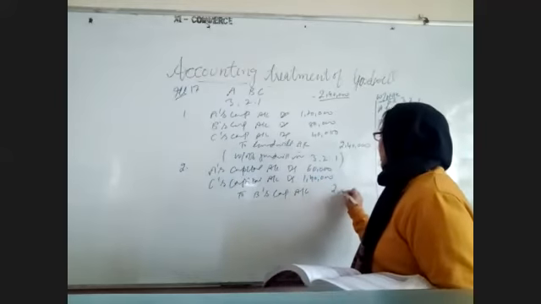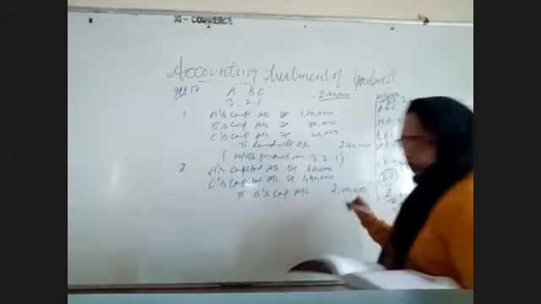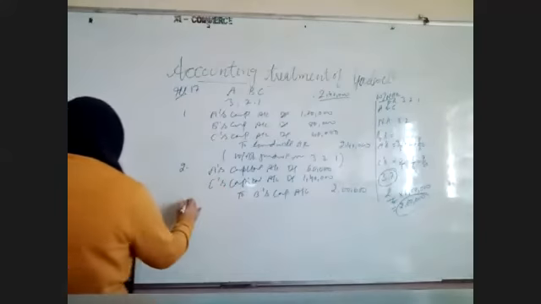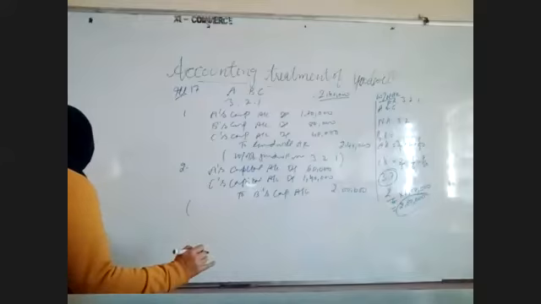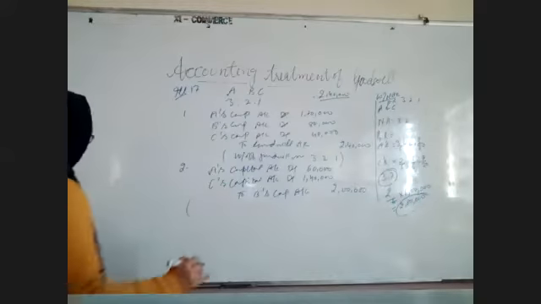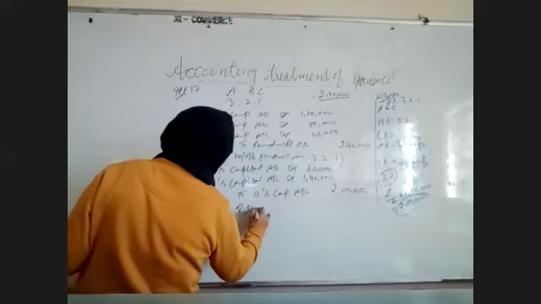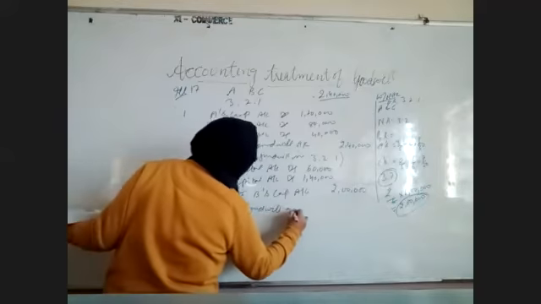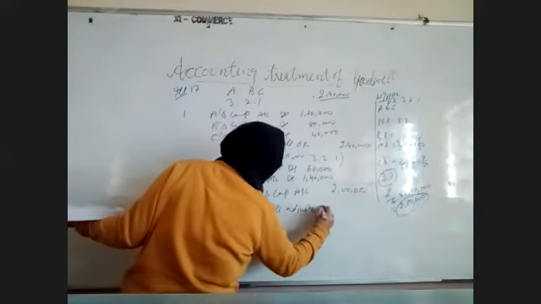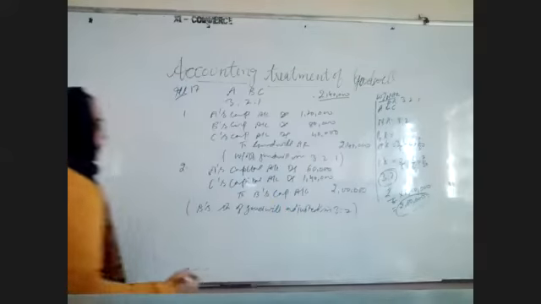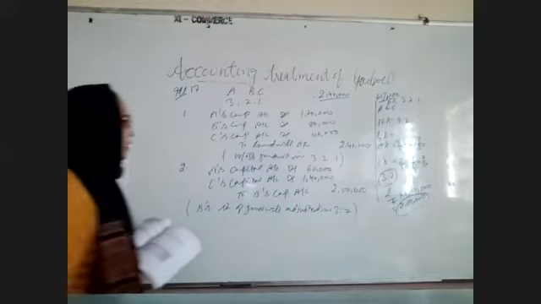Total amount is 2 lakh. Okay. B's share of goodwill adjusted in 3:7. Okay, this is the narration.